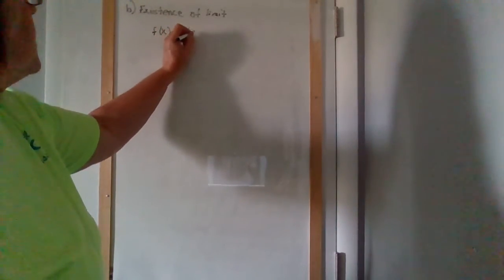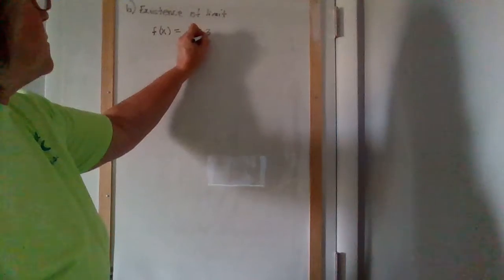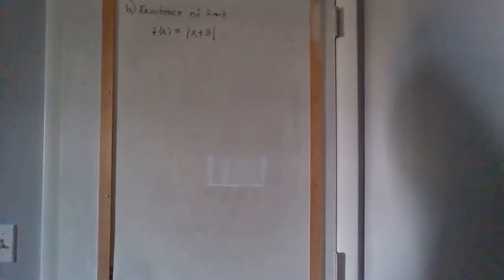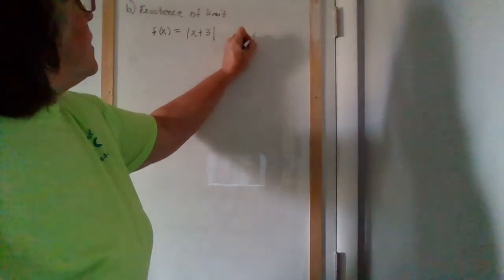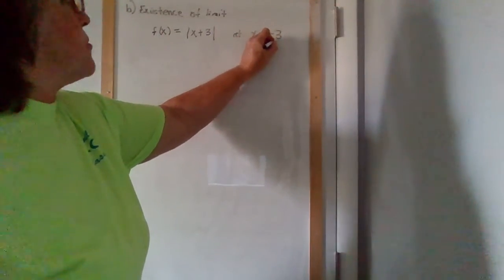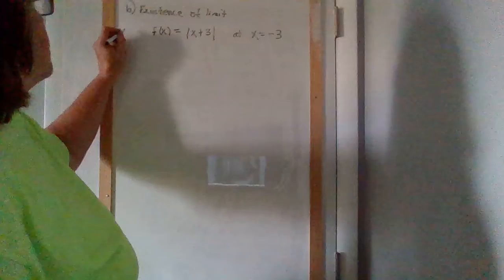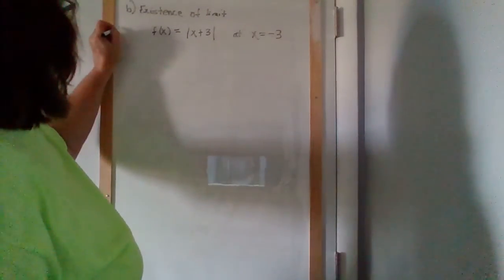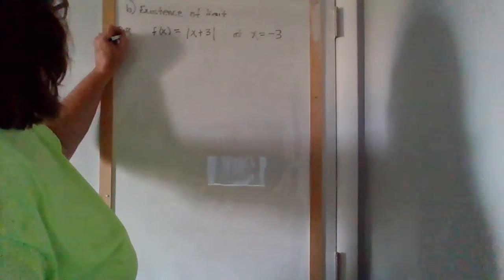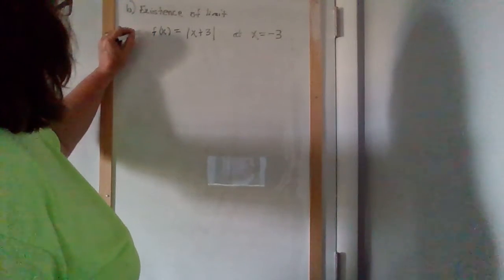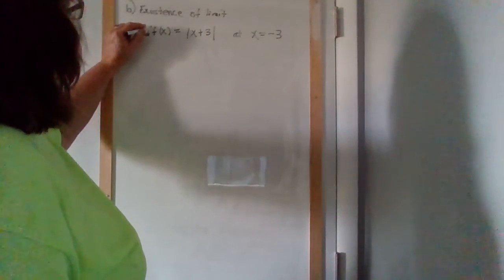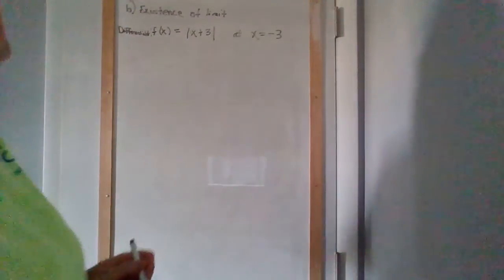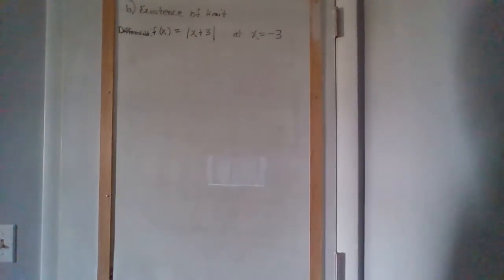So is f of x, which equals the absolute value of x plus 3, differentiable at x equals -3? So I'm actually asking you for a determination at a certain x value. So is it differentiable, this function, at x equals -3?